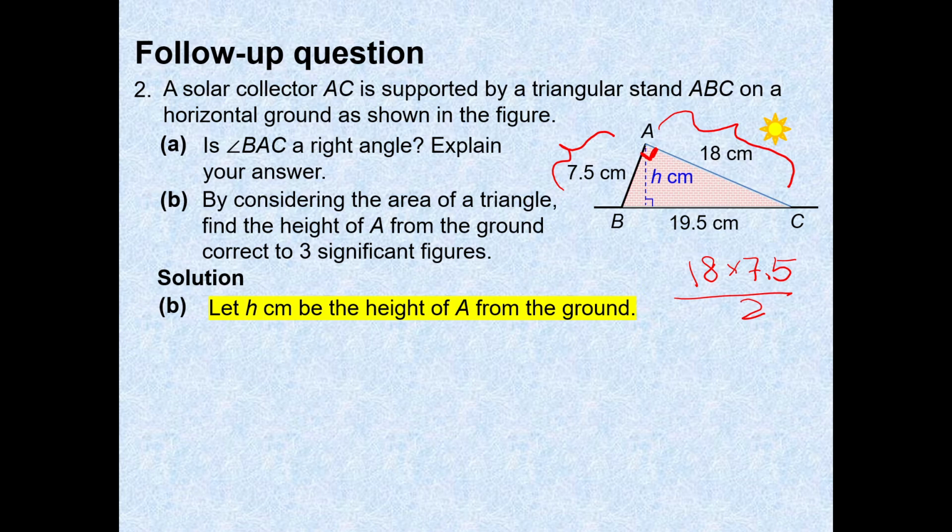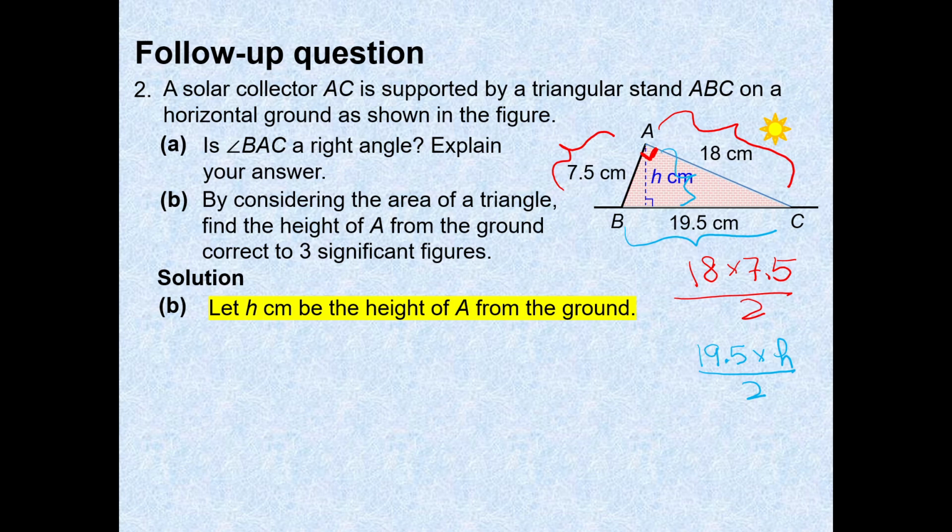But in our second approach, we can also make use of BC as our base and h to be our height in order to find the area as well. So in our second approach, the area of the triangle will be 15.5 times h and then divided by 2.